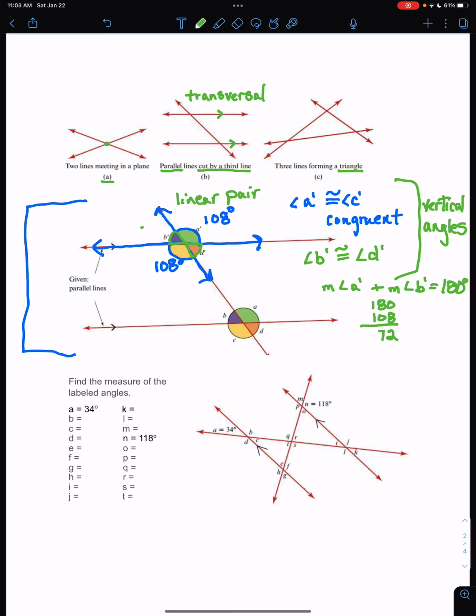So we know that the measure of B prime is 72 degrees. So then, because of vertical angles, we also know that the measure of angle D prime is also 72 degrees. So this is the beginning of understanding some of the relationships between angles with intersecting lines.